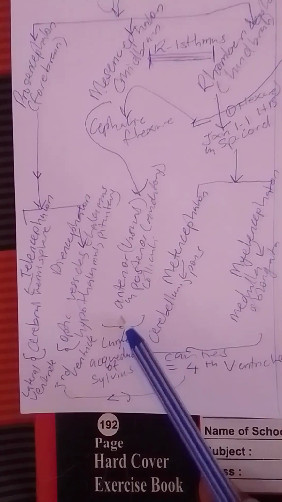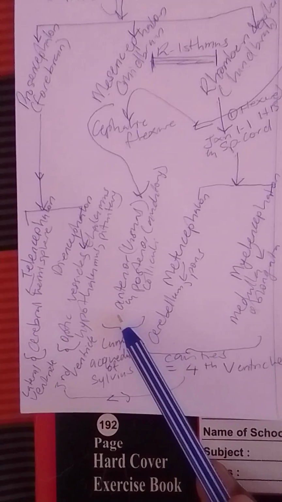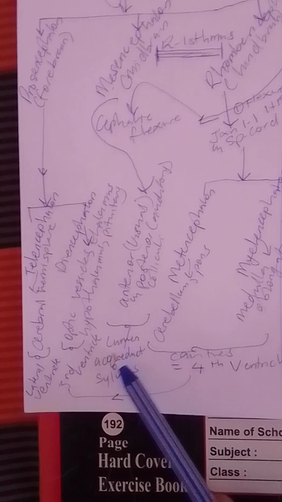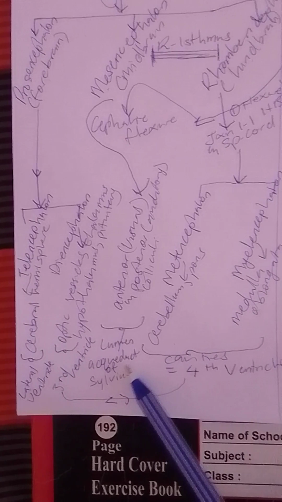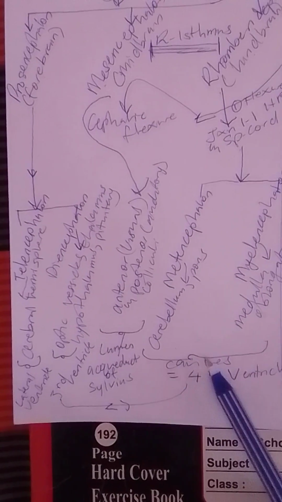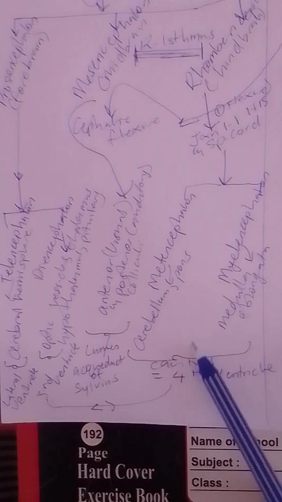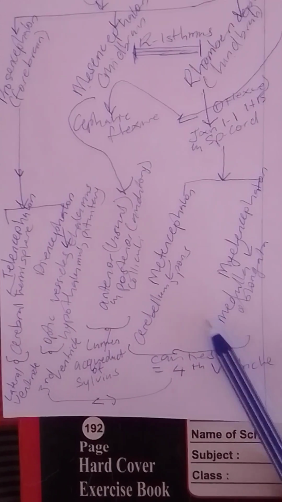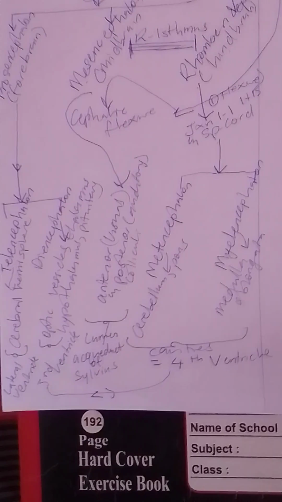The mesencephalon, the midbrain, will have a lumen known as the aqueduct of Sylvius, connecting the third and fourth ventricles. The fourth ventricle is a cavity formed at the rhombencephalon.